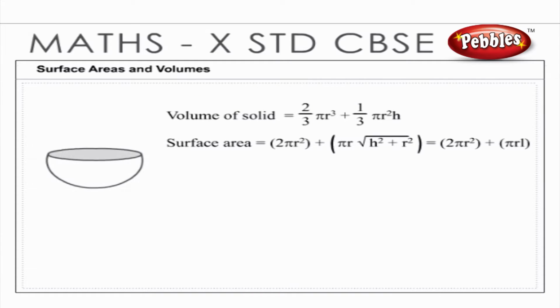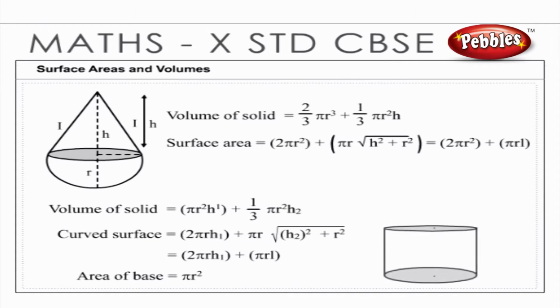Volume of solid in figure is equal to 2 by 3 pi r cubed plus 1 by 3 pi r squared h. Surface area is equal to 2 pi r squared plus pi r root of (h squared plus r squared), which is equal to 2 pi r squared plus pi r l.